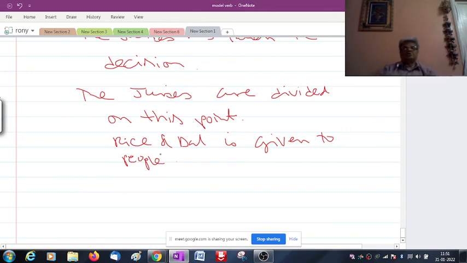Is it okay or not? Tell me. Rice and dal is given to people. Here rice and dal means plural, but I am writing "is". Why am I writing so? Can anybody tell me?